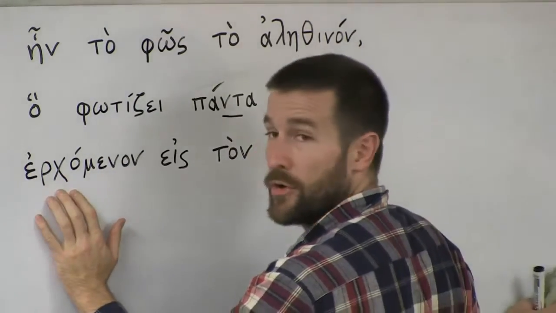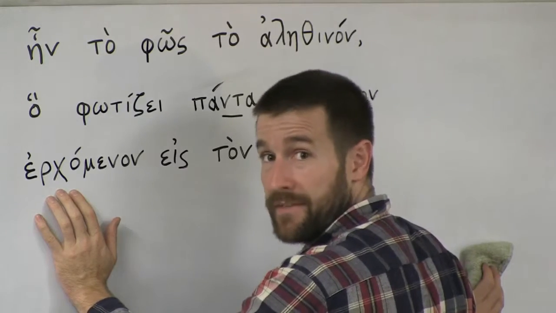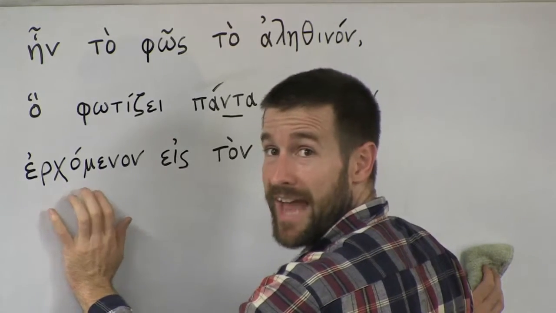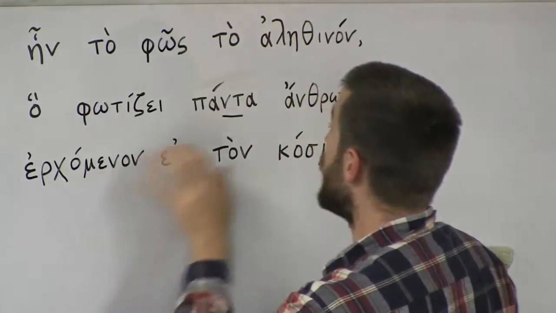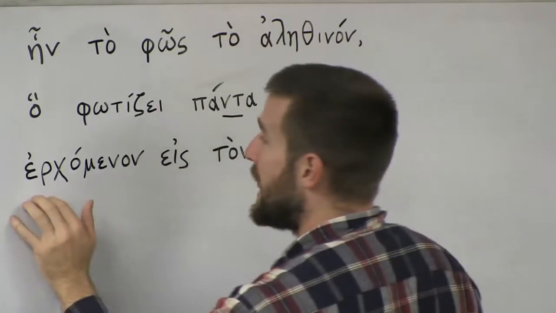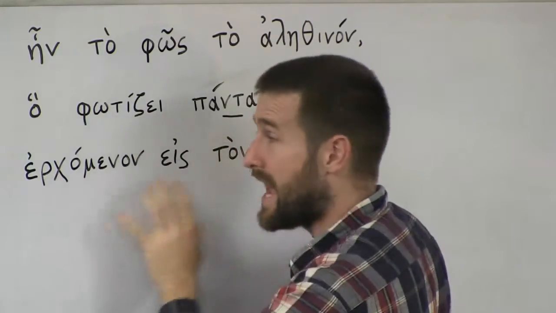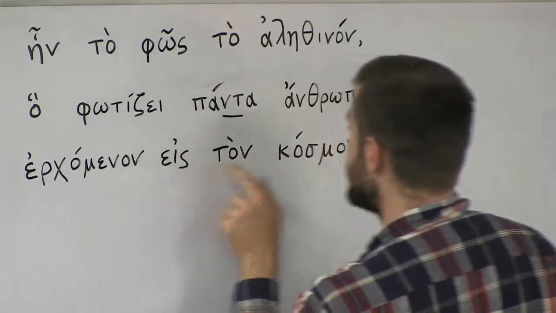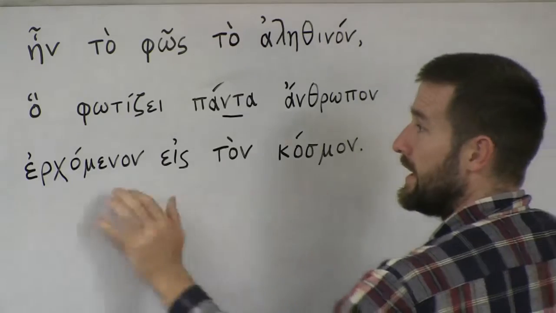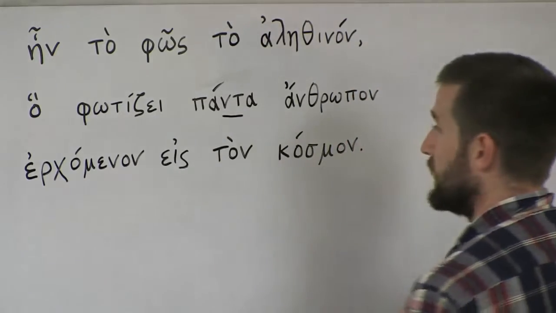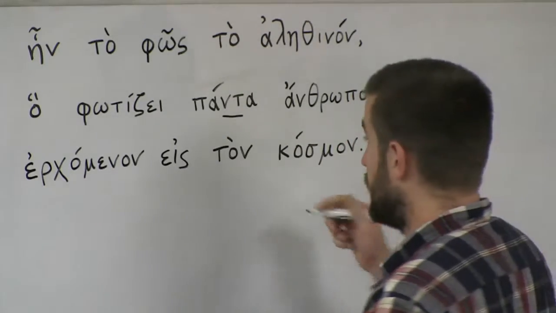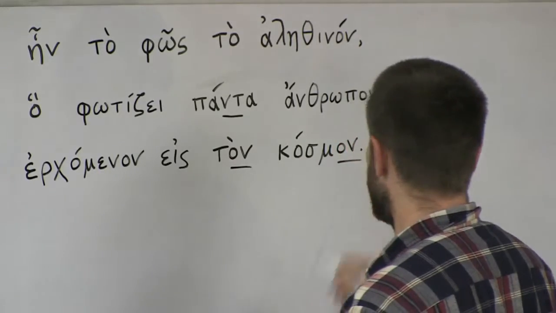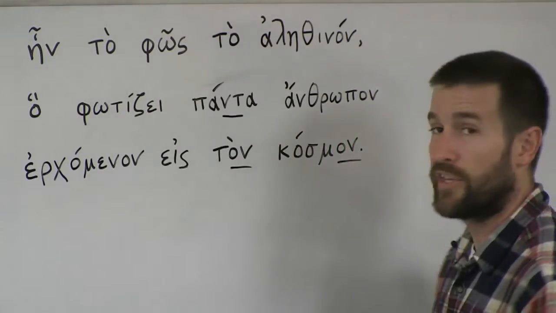So this erchomenon means that cometh, or that comes. So, panda anthropon erchomenon, every man coming, or that comes, or that cometh, eis ton kosmon, into the world. And then you'll notice right here, again, something familiar from old lessons: the on ending is an accusative ending.